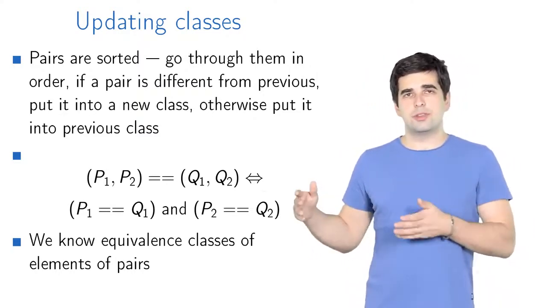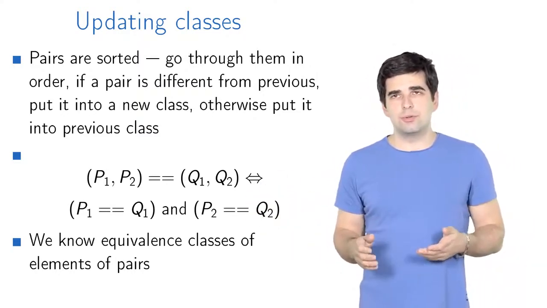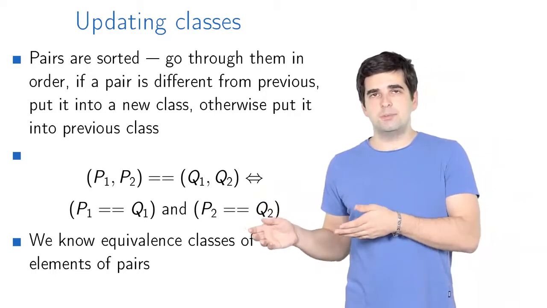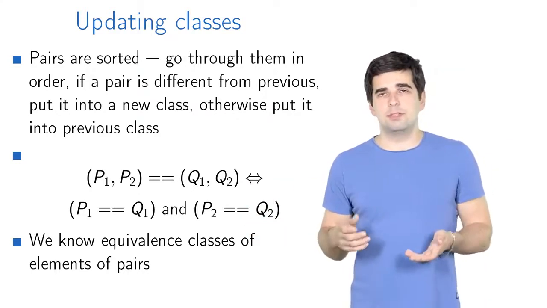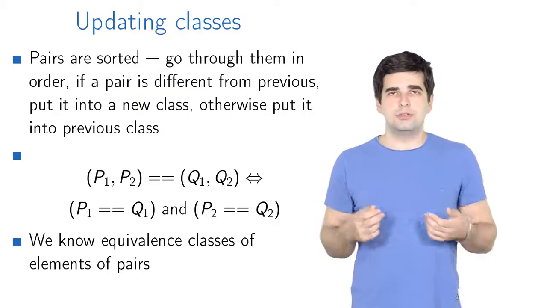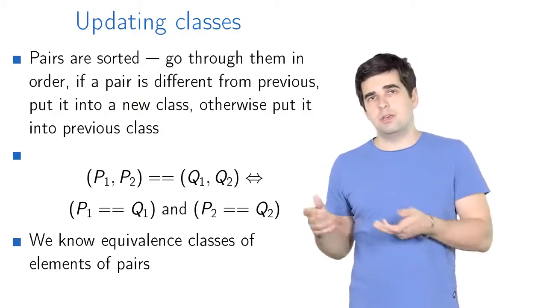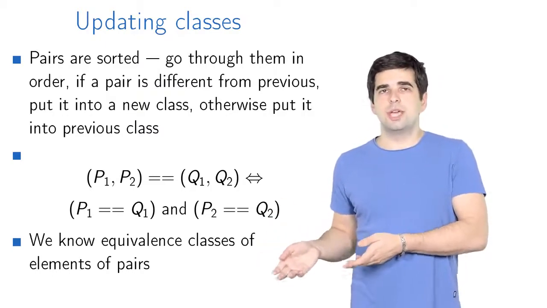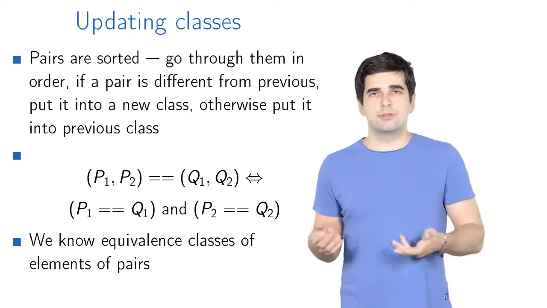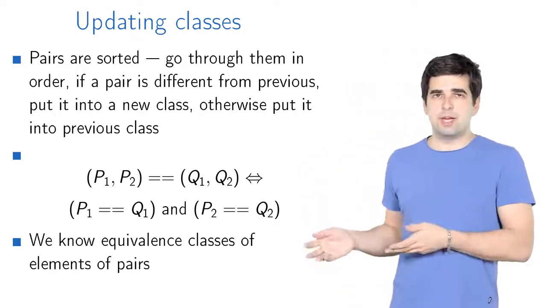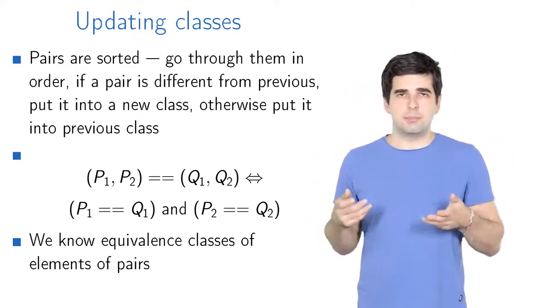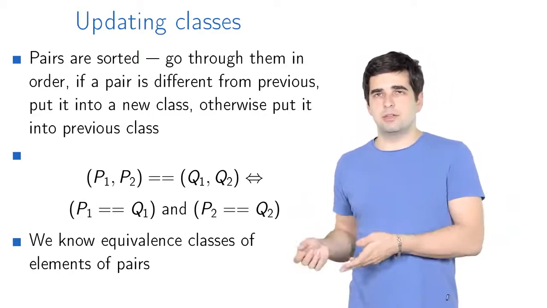We have already sorted the pairs, so we just need to go through them in order and compare each pair to the previous pair. If it's the same, then we need to assign it to the same class. If it's bigger, then we need to create a new class and assign it to this pair. To compare the pairs, we can compare them separately by first element and then by second element.